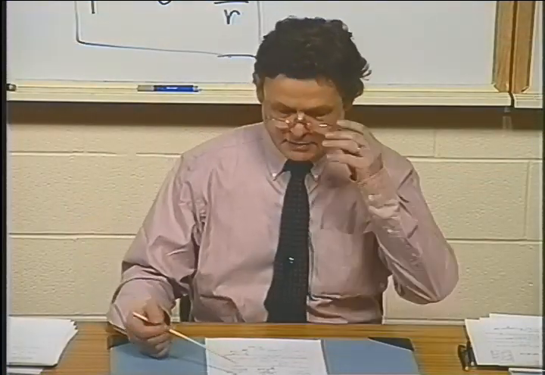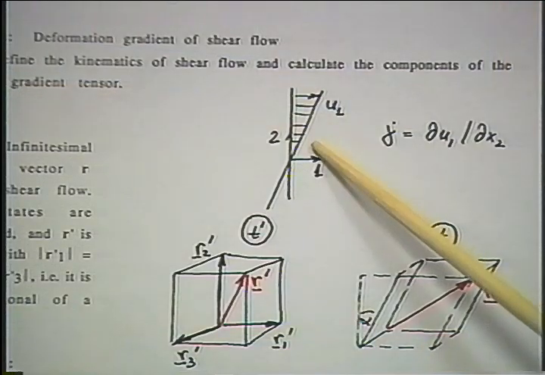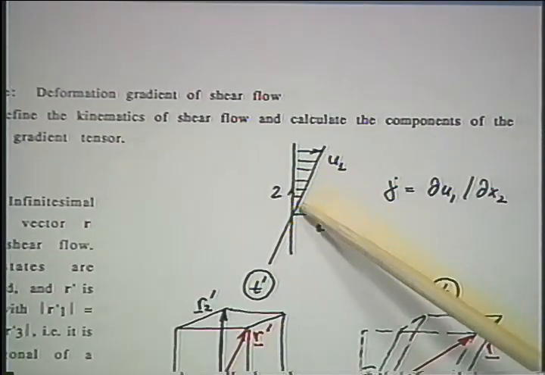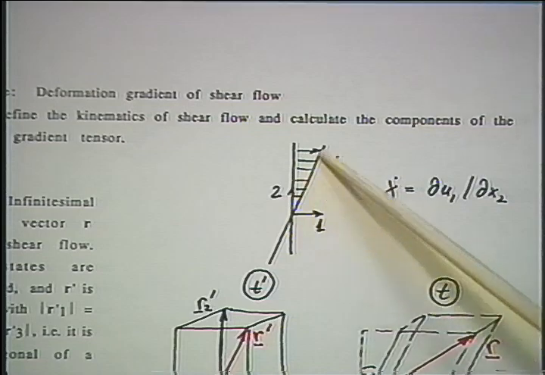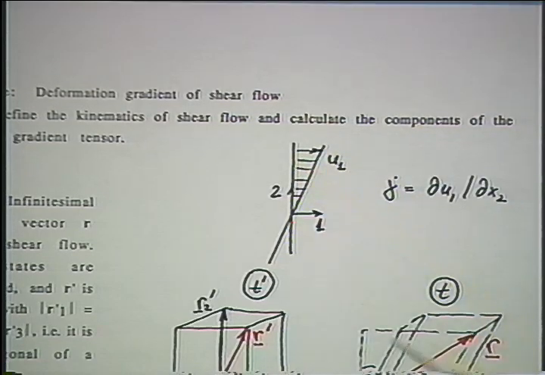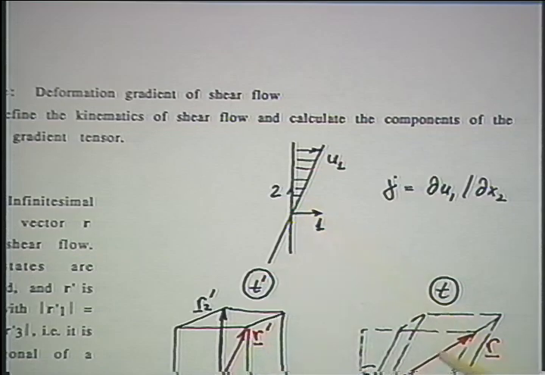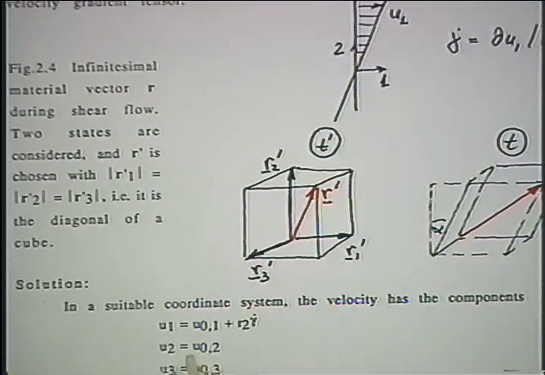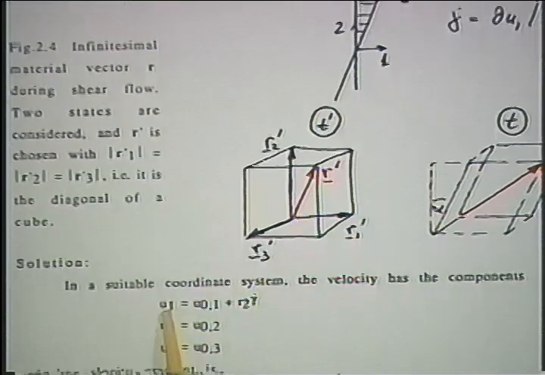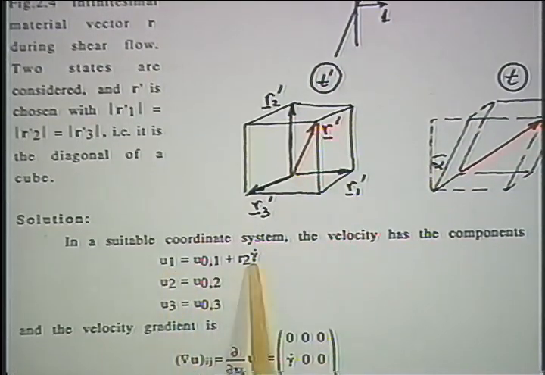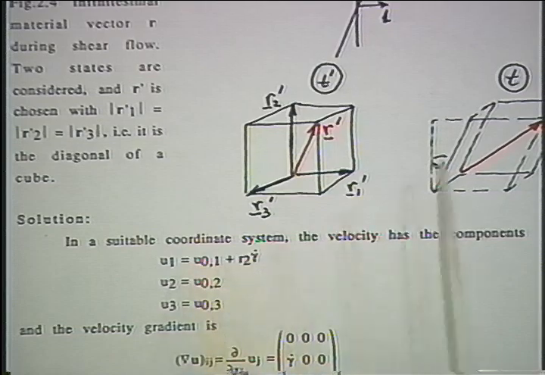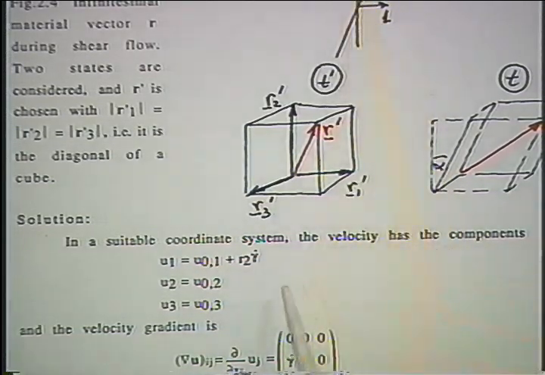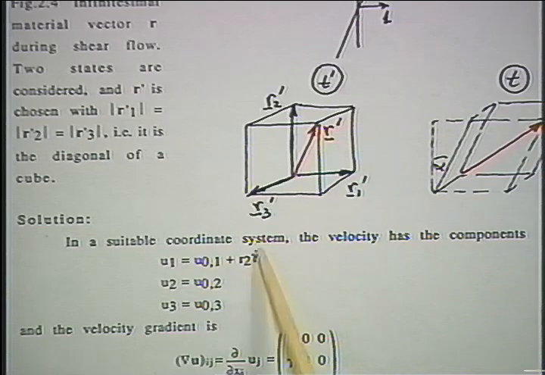The velocity distribution is described at the top here. The velocity increases linearly with the distance from, say, the bottom of your material element to the top. And we could write down a velocity field saying we have a flow in one direction, which is changing as we move up in two direction.